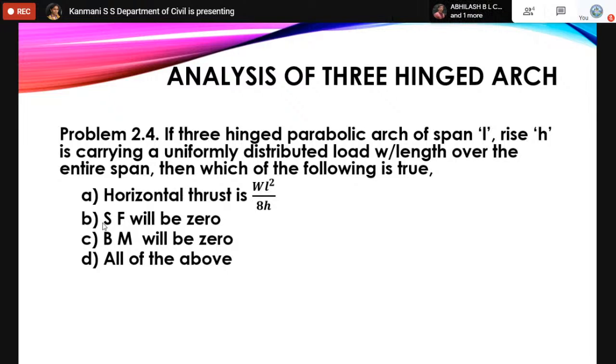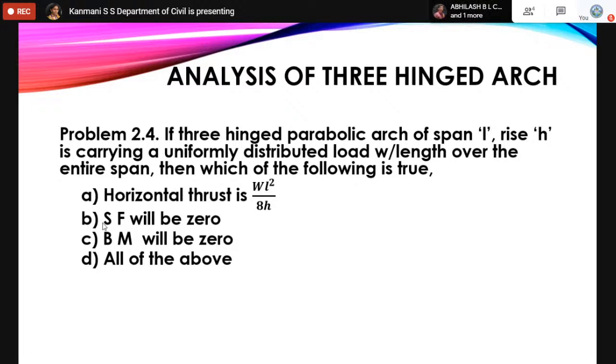We have solved this problem by considering a three-hinged arch subjected to UDL throughout the span. We know that the horizontal thrust we got is WL squared by 8H. So A is correct. We know that the bending moment at any section Mx is 0.